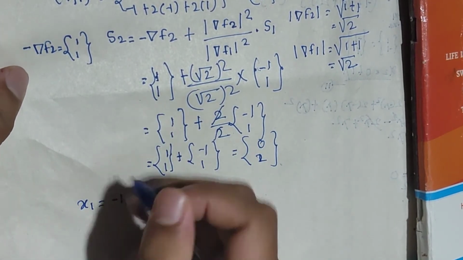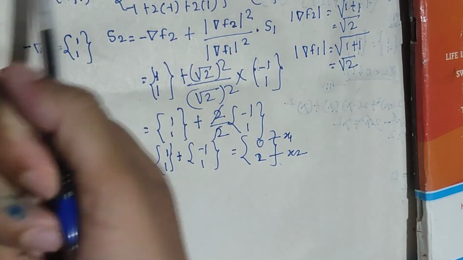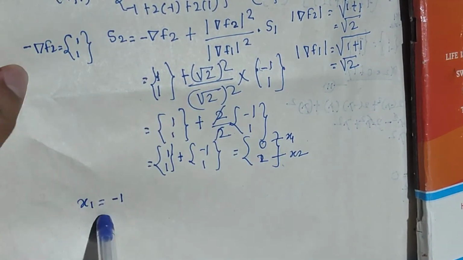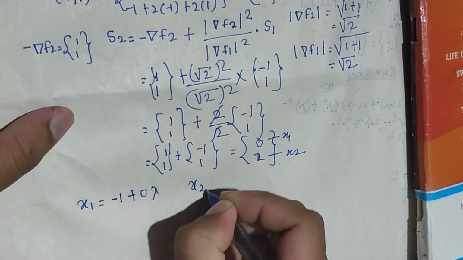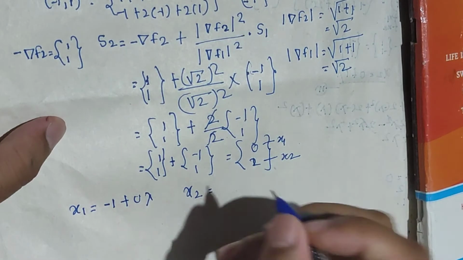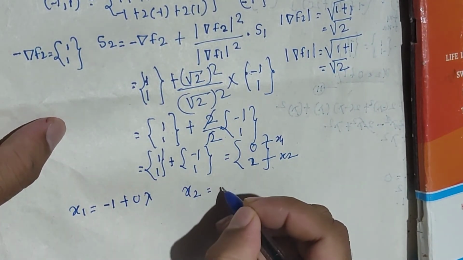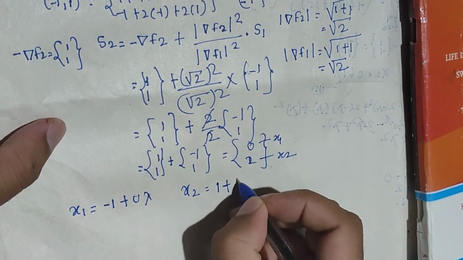So x1 is minus 1 plus 0 lambda, and then x2 equals the earlier x2 value, that is 1, plus 2 lambda.